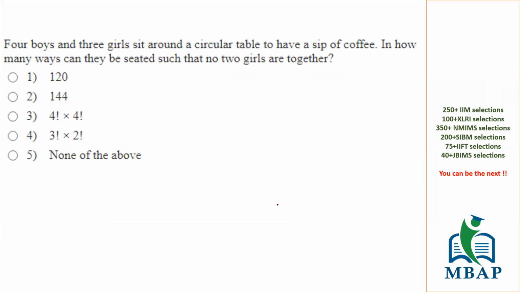Yes, four boys and three girls sit around a circular table to have a sip of coffee. In how many ways can they be seated such that no two girls sit together?